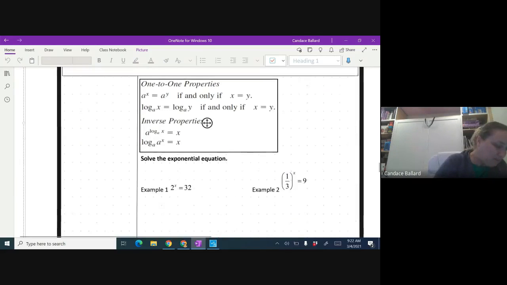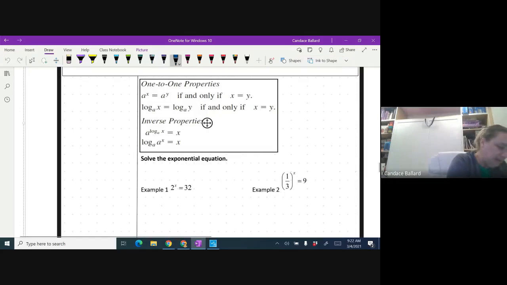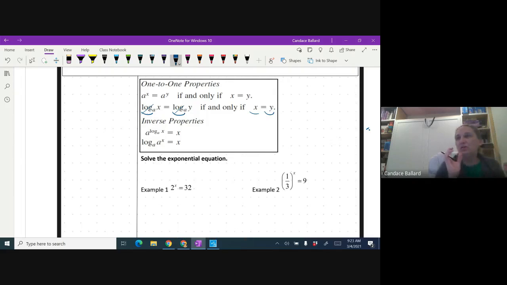Okay. So some things that we did talk about yesterday, or maybe the day before. We have these one-to-one properties, and we saw this one here in terms of logs. If I have log base A, or if it's a natural log, or just a common log, as long as the base is the same, we said these cancel, and we get whatever's inside those logarithms equal.